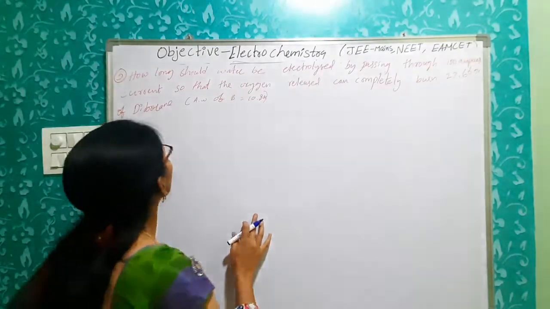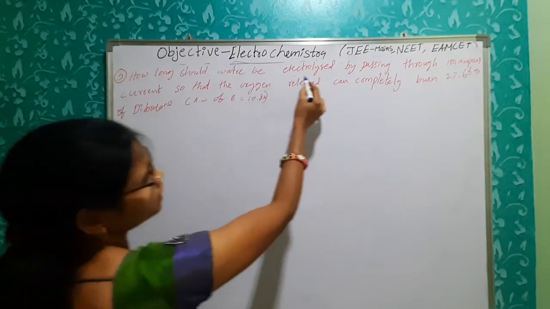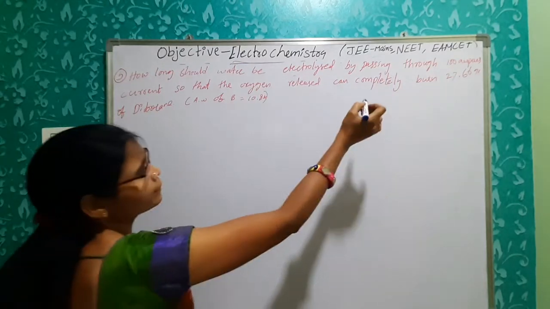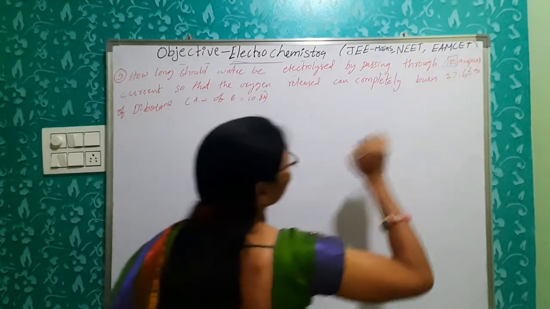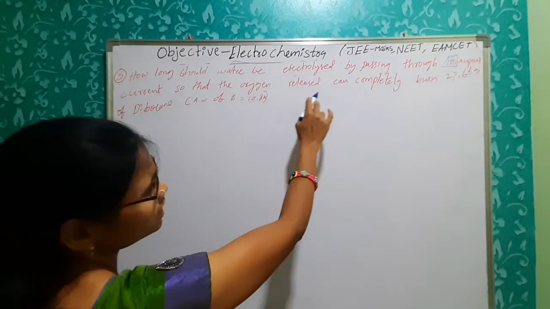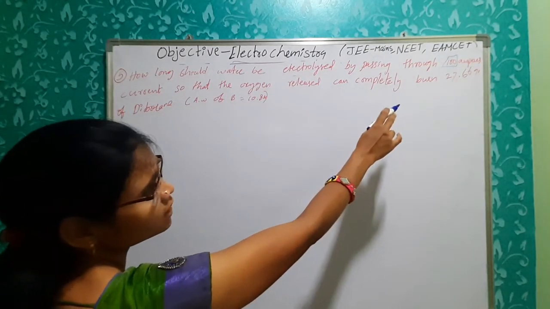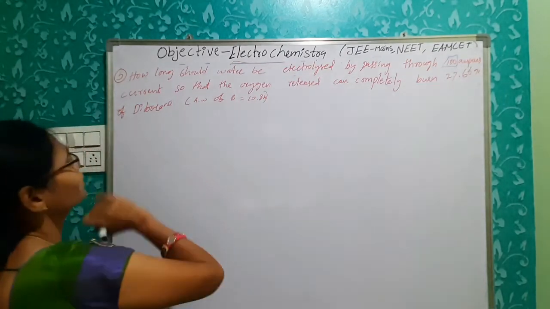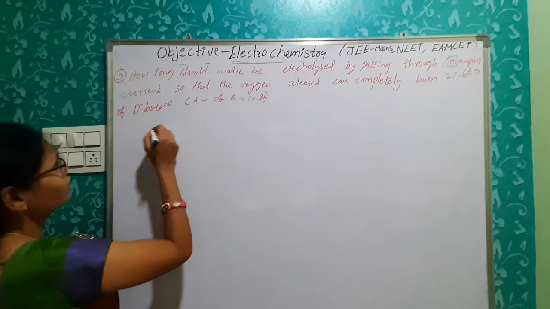Next problem. How long should water be electrolyzed by passing 100 amperes of current, so that the oxygen released can completely burn 27.66 grams of diborane? So simply what do you get?